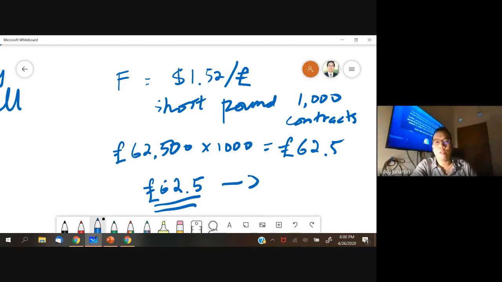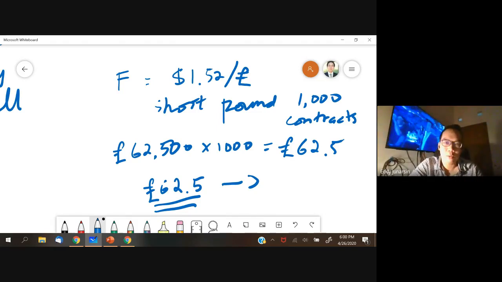So you multiply or you divide? You multiply, right? The currencies are the same at the back, dollar per pound, and you have the pound here. So you multiply.